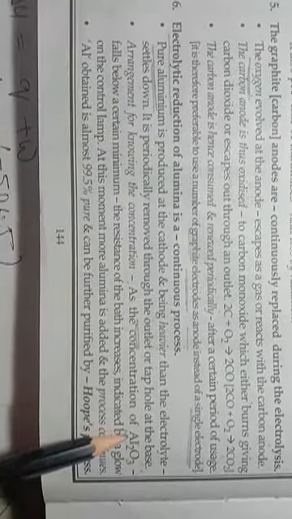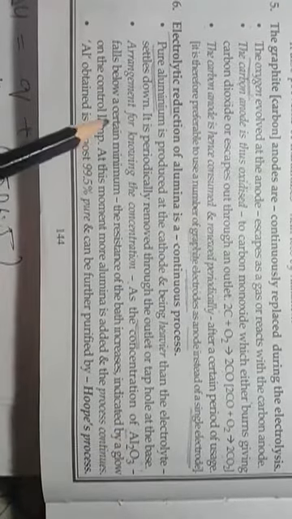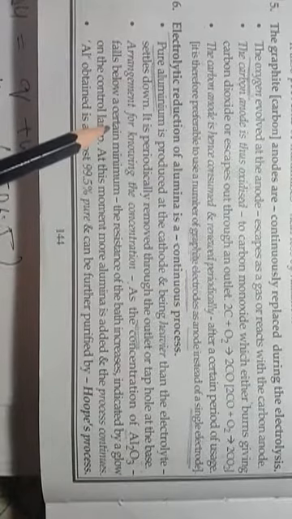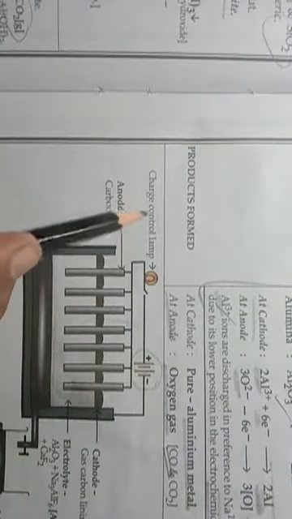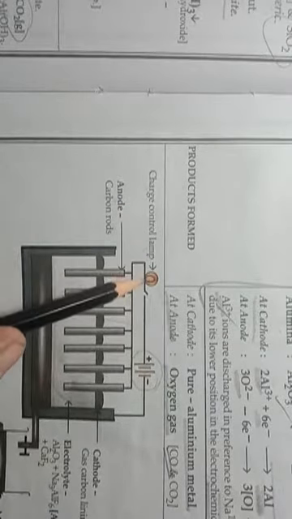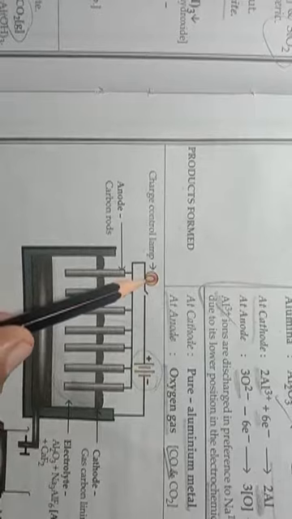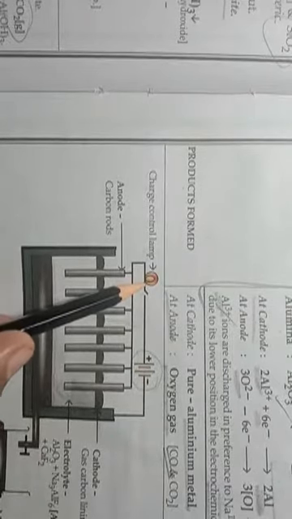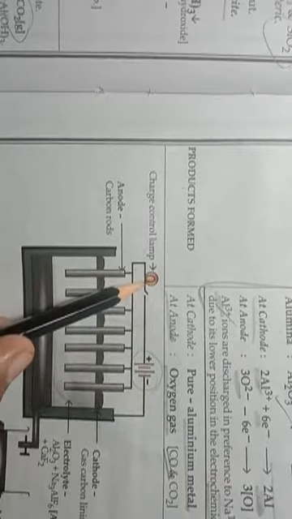Due to the decrease in concentration, the resistance of the bath increases, due to which a glow is seen in the control lamp, which indicates that the concentration of the electrolyte is lower than a certain definite amount.